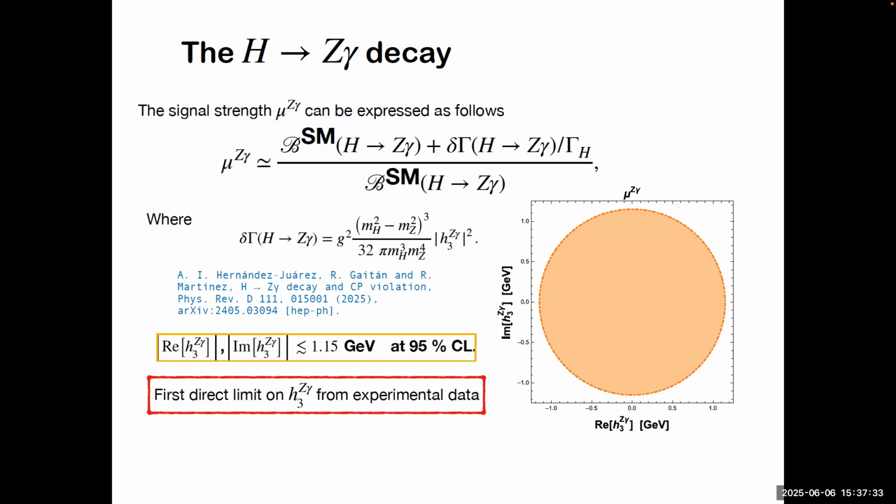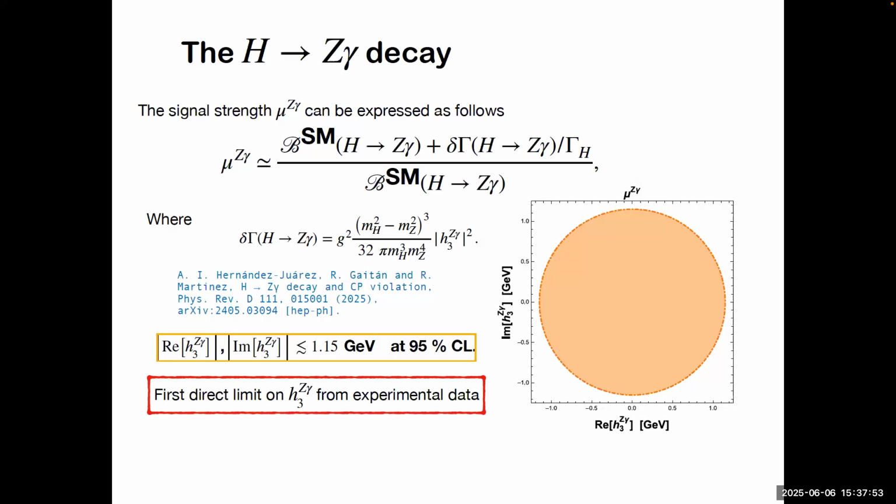And well, I didn't mention, but why is the CP violation important? Well, as you know, a certain amount of CP violation is necessary to explain the asymmetry between matter and antimatter in the universe.